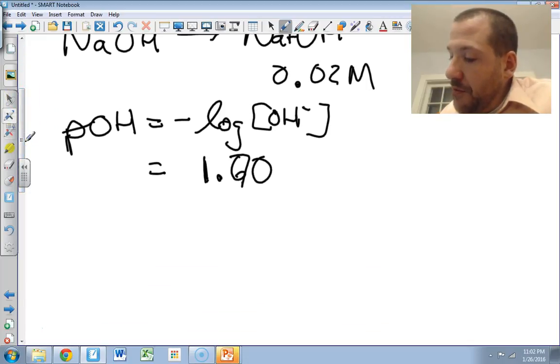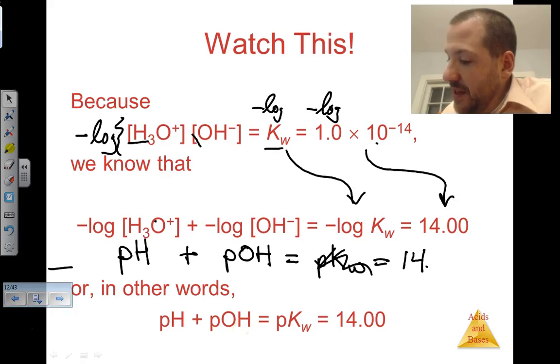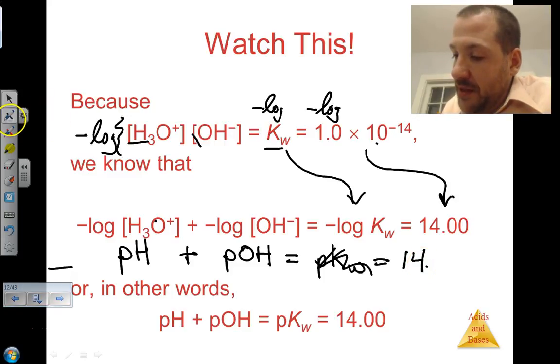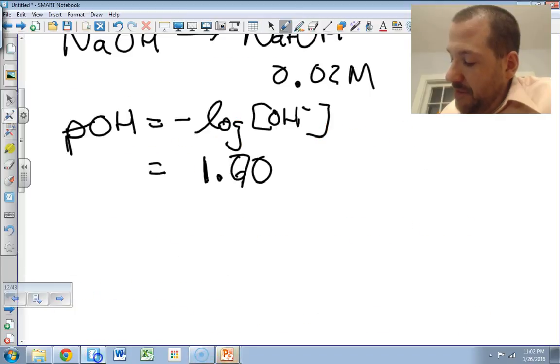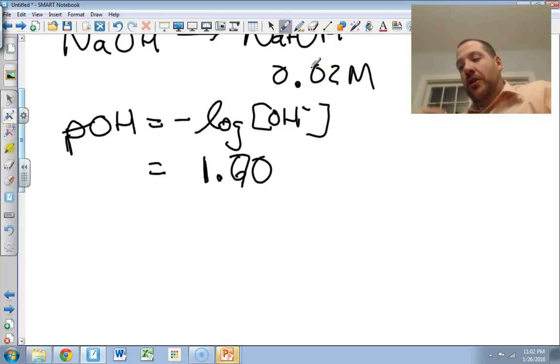Now, that's the pOH, but we need to figure out what the pH is. Well, we know from this that pH plus pOH equals 14. The reaction doesn't produce any hydronium ion, because there's water going on there.